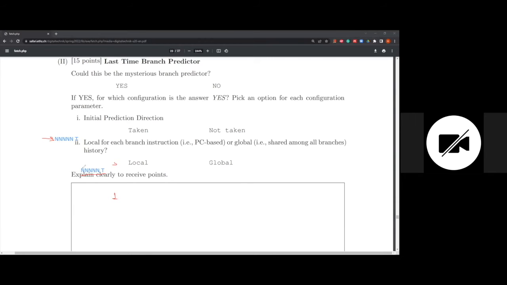And then the next time, remember that we execute this sequence 5 times, right? For the second branch, the next time we return back to the first not taken, it will be mispredicted because the last outcome was taken, and the last time branch predictor will predict this actual not taken outcome as taken. So it will make one more misprediction, right?